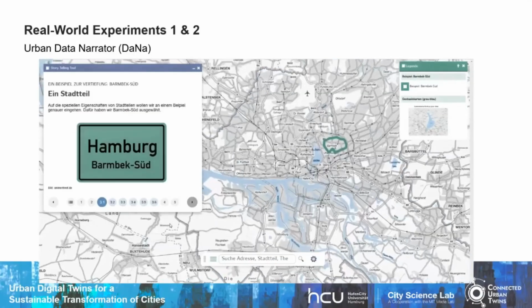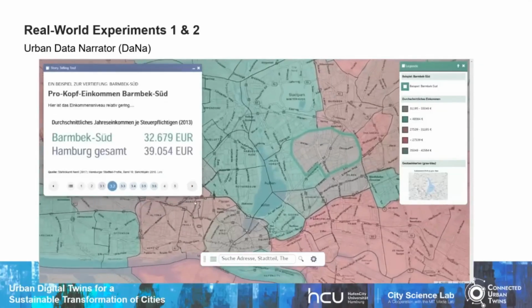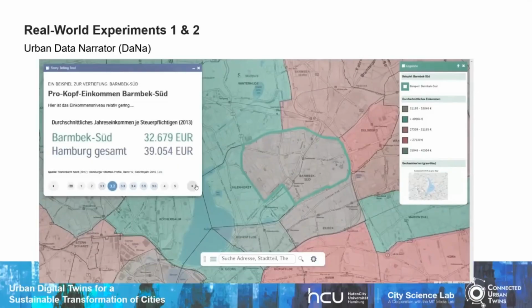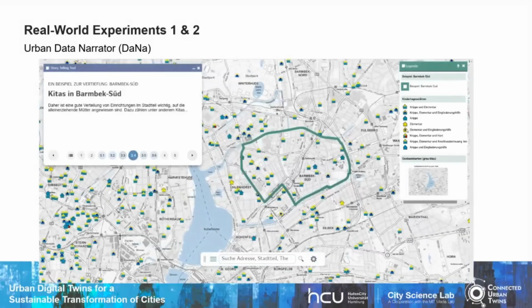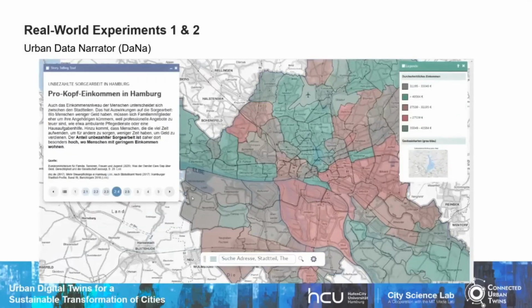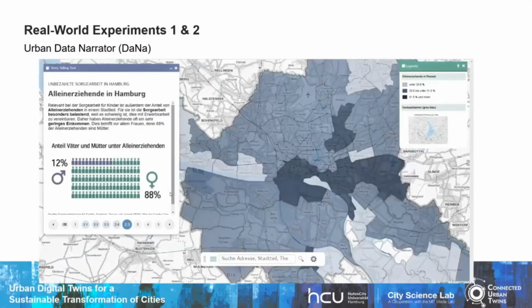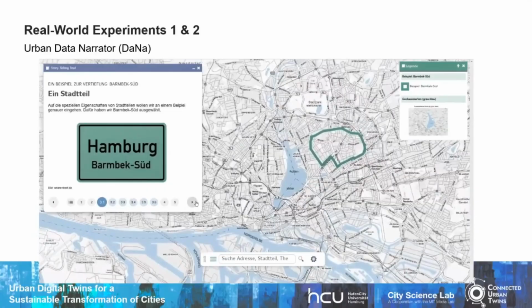So we had a use case in one of these real-world experiments, but basically the idea is this can be used in the city of Hamburg for the topical twins, in this case explaining unpaid care worker mobility, or as it is already used in the city of Hamburg for citizen participation, explaining the context, or various other context tools in general.